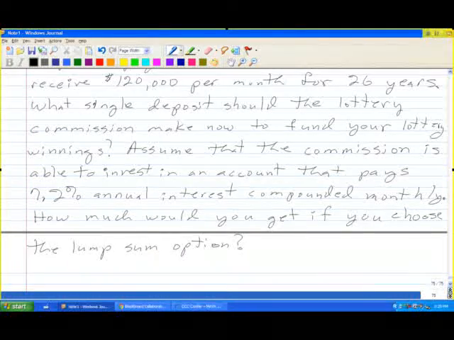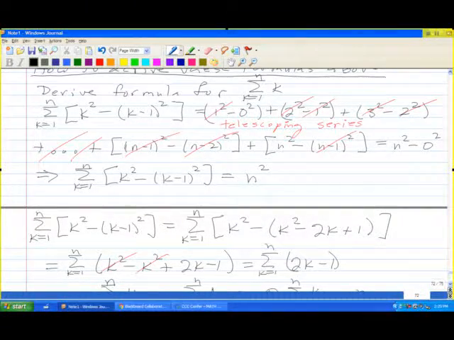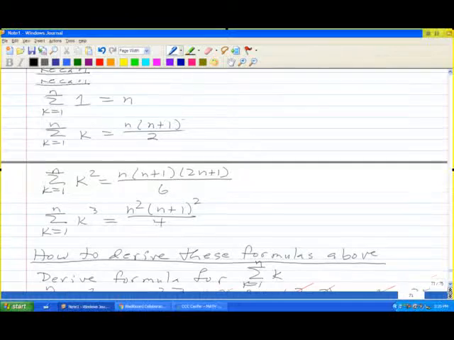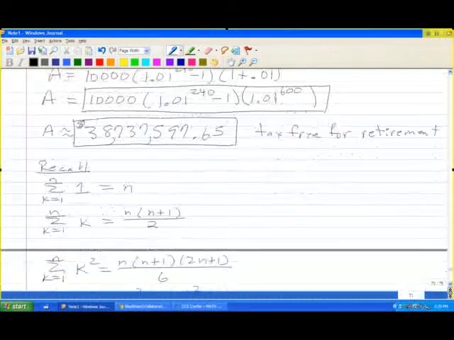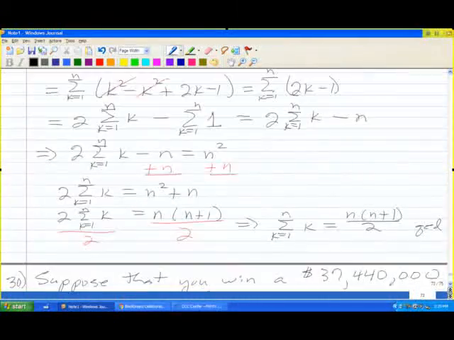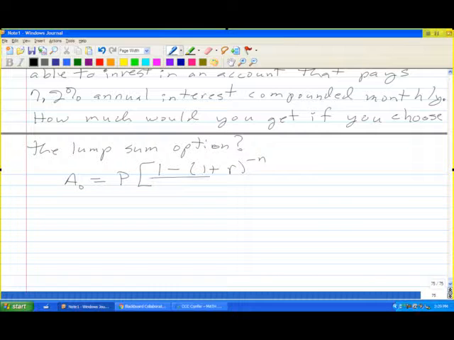Okay, so let's do that. Well, basically, all I need to do is solve this equation here for P. And so, if I do that, the amount that you must invest is P equals A sub 0 times 1 minus 1 plus R to the negative N, over R. Okay, so let's figure this out.